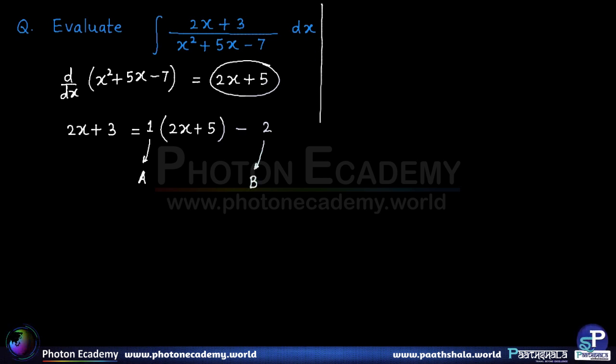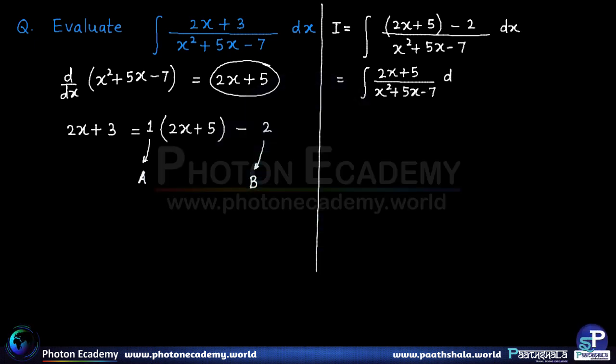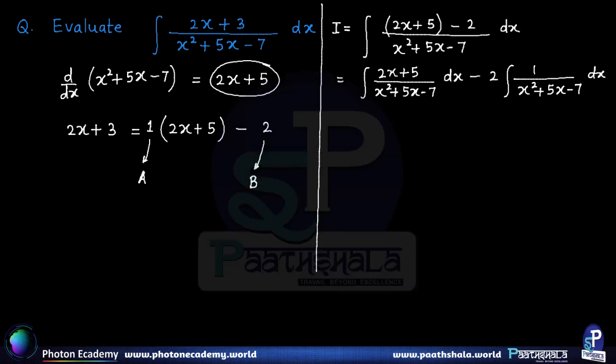So therefore our integral is equal to the integral of 2x plus 5 minus 2 whole upon x square plus 5x minus 7 dx. Now we can break the integral: integral of 2x plus 5 upon x square plus 5x minus 7, minus 2 into integral of 1 upon x square plus 5x minus 7 dx.